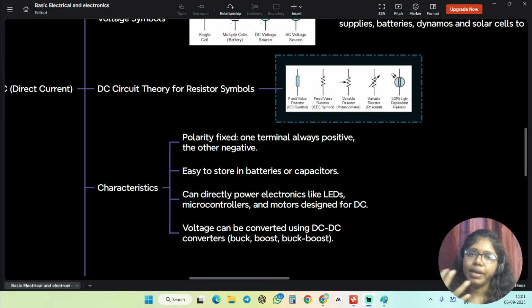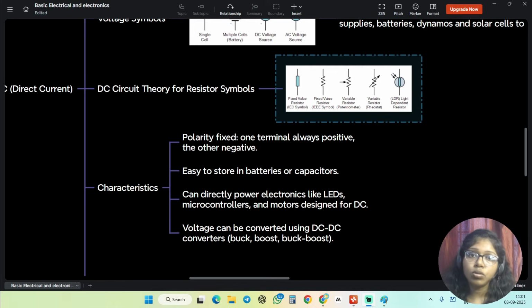AC was invented by Nikola Tesla. Yes, we know that, right? So why didn't they allow AC to be brought in? There were some demerits, but AC became very popular. Later on, he invented the AC power plant. So what is the biggest advantage of alternating current?